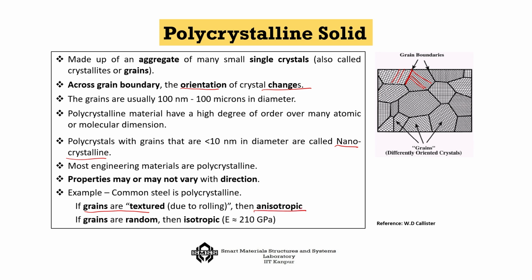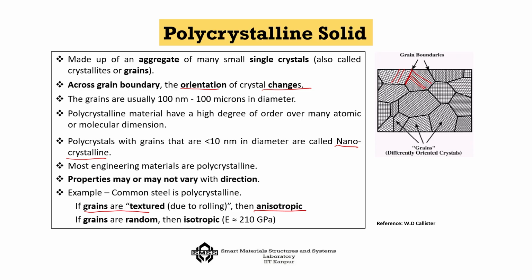So, that is why the manufacturing process you choose matters for the same material, whether you are using rolling or not, whether you are texturing it, whether you are allowing the grains to go in a particular direction, the strength will change, and the modulus of elasticity also. So, for a steel, for example, isotropy will give you 210 gigapascal.